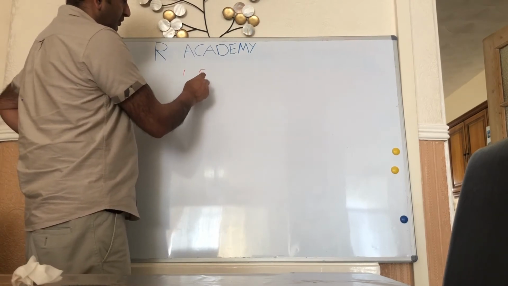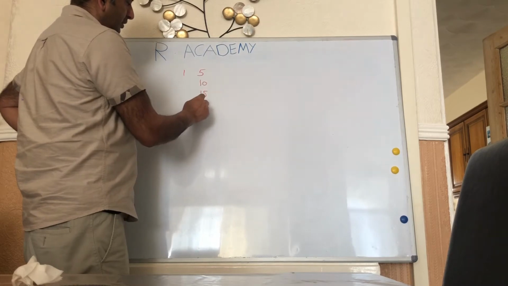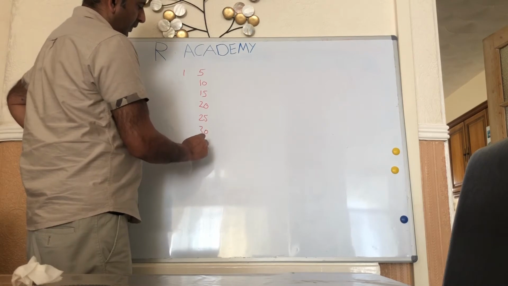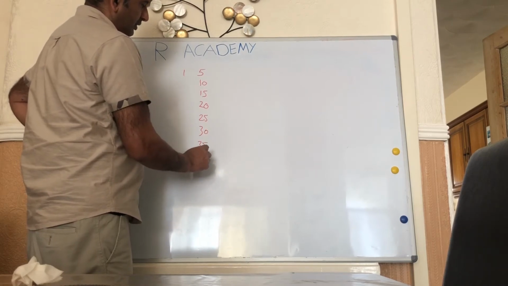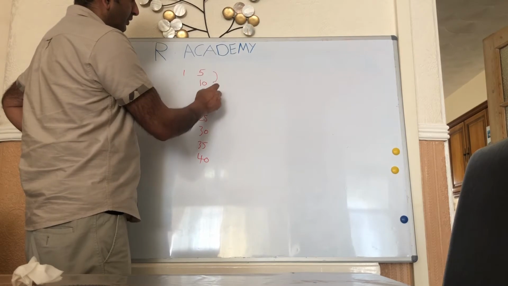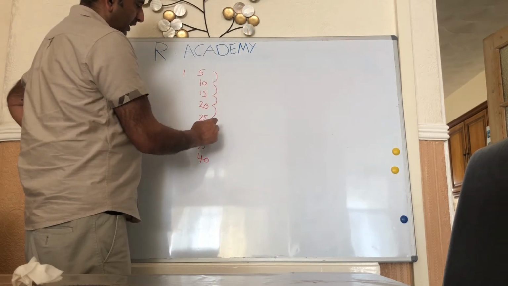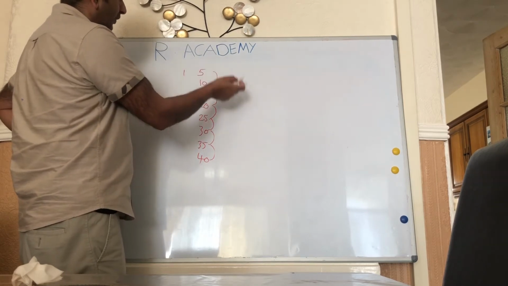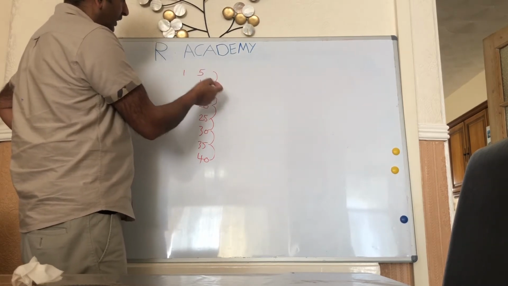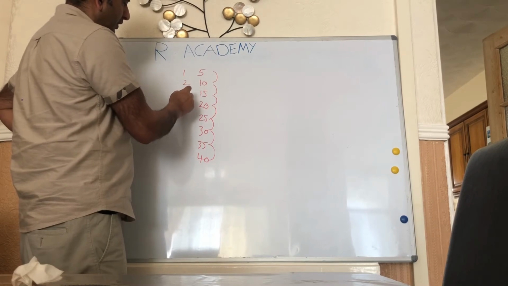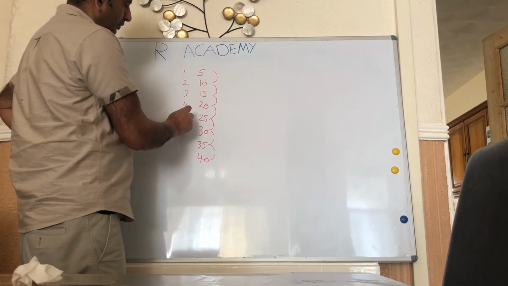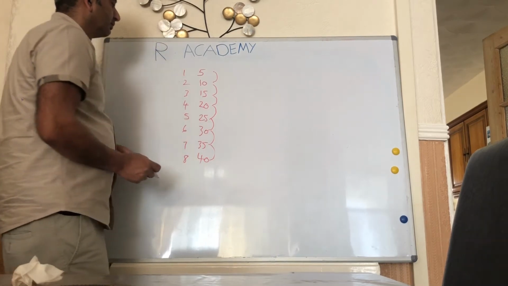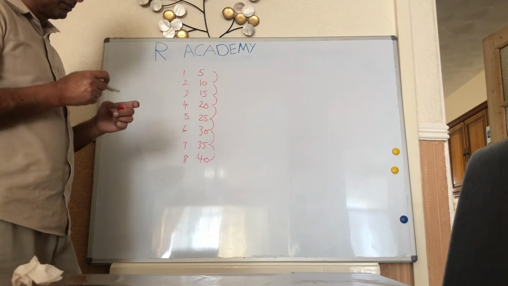So 5, 10, 15, 20, 25, 30, 35, 40. So you can see the sequence is in 5s. So therefore signifying that this is a 5 times table. Now here, instead of putting 1 times 5, 2 times 5 equals 10, you can just go 2, 3, 4, 5, 6, 7, 8. And you can carry on that way.